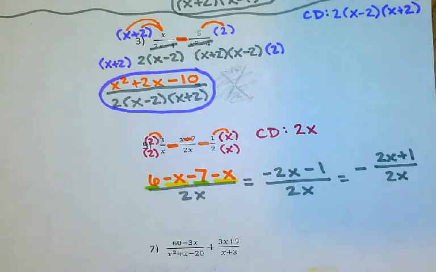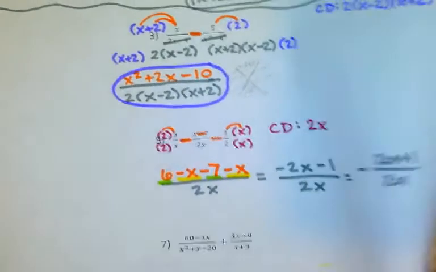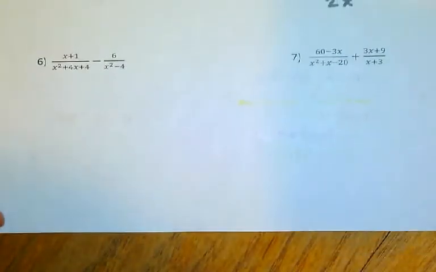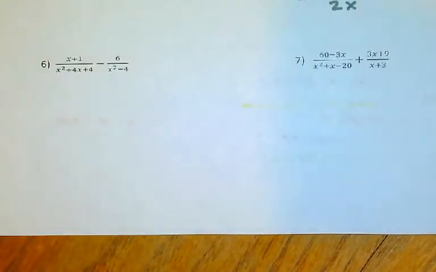Alright, we'll take a look at one more here. Let's take a look at number 6. With number 6, the first thing we're going to have to do is factor our denominators.